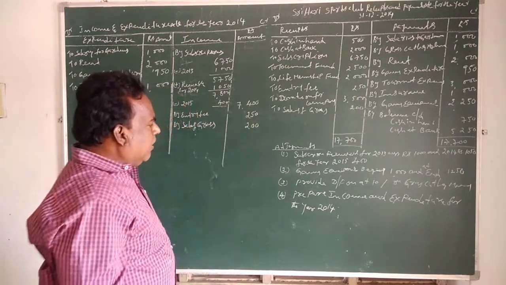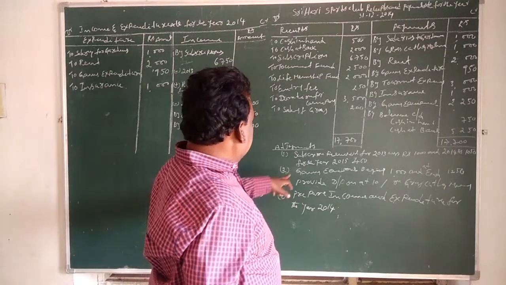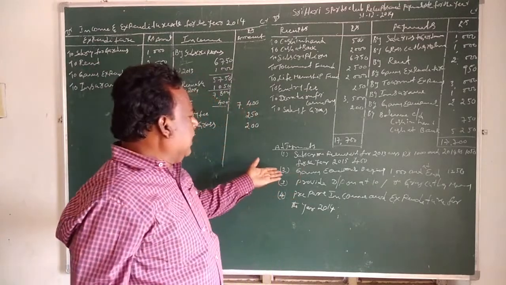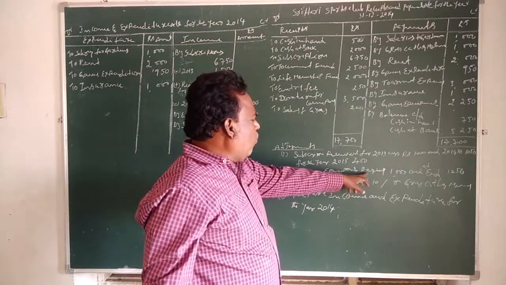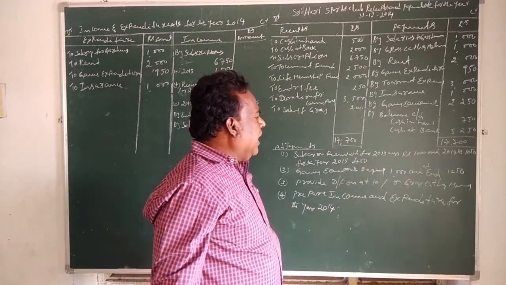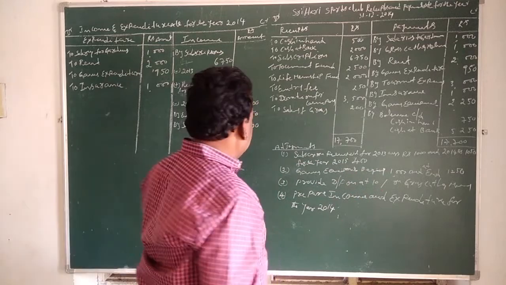Then here adjustments are there. Games equipment: beginning 1000 and ending 1250.